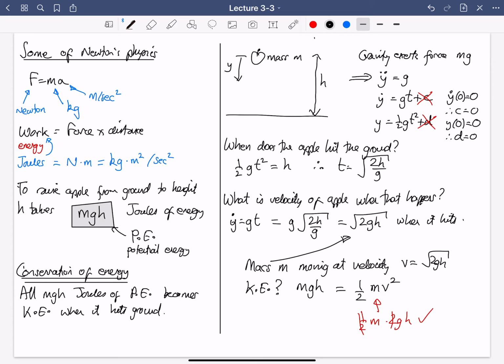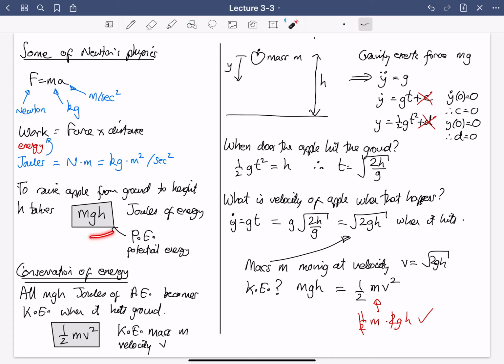So I think I've basically just kind of convinced you, hopefully, that the kinetic energy formula is a half mv squared. So that's kinetic energy for mass m moving at velocity v. Okay, so that's another very useful formula, and you see that being justified from this experiment that we've just done.